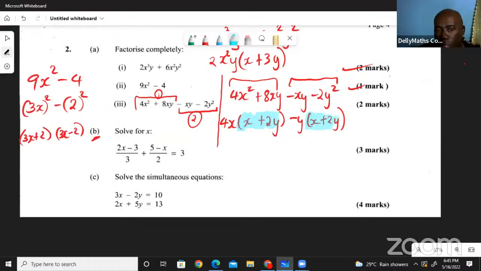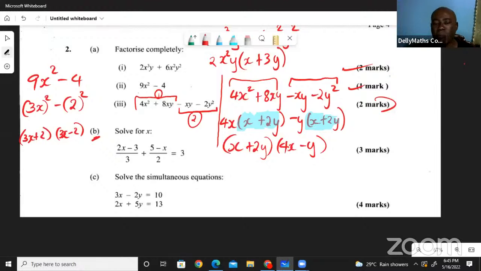I love when they twin up. Whenever they twin like that, we know that we're on the right path. Then we're going to write back with just one of those identical twins, and the other 2 things will come in the other bracket. So we factorize again, we'll get 2 marks to do that factorization. So x plus 2y into 4x minus y, right? That's what I'm looking for.